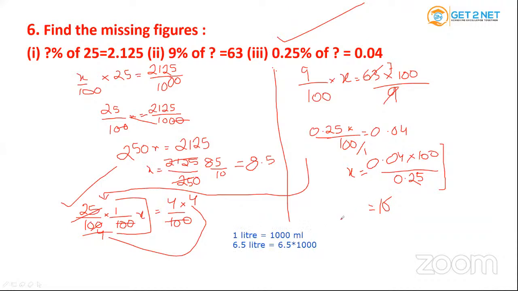So I can write like this: 65 by 10 into 1000. So what will be my answer? 6500, right? Yes. Okay. So any doubt in the basic calculations? No, ma'am.